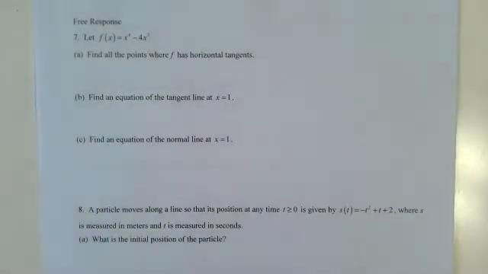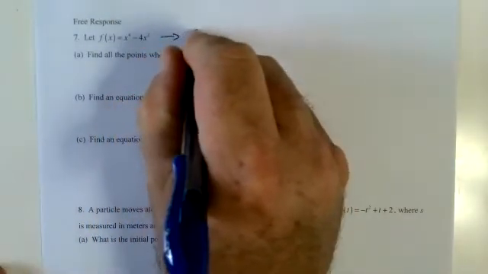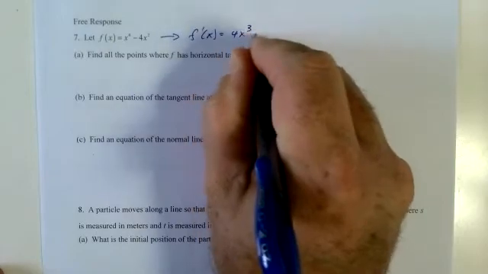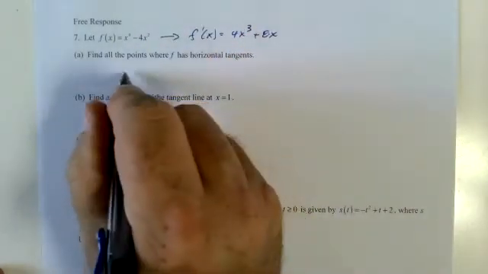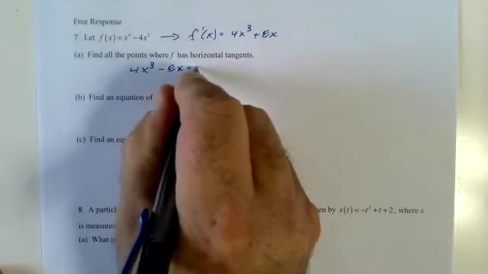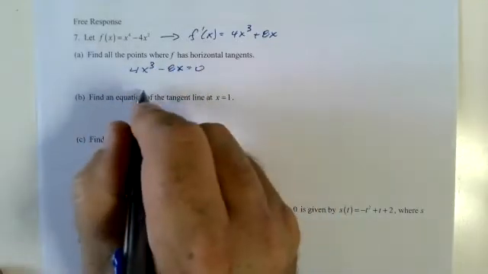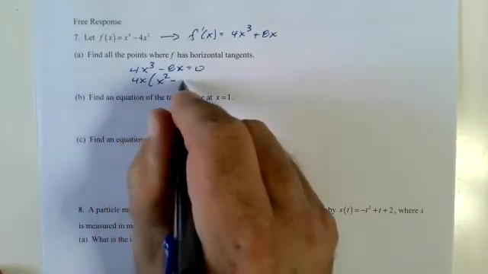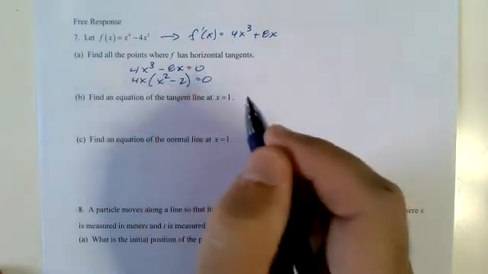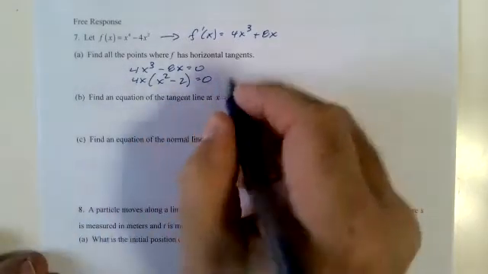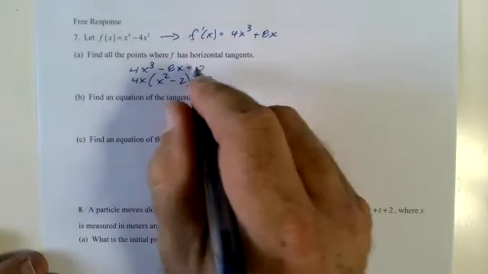For your response: find all points where f has horizontal tangents. While we're up here, f prime of x equals 4x to the third minus 8x. Well, that's where 4x to the third minus 8x equals 0. 4x times x squared minus 2 equals 0. They usually have a little bit neater problem here. Find all the points.